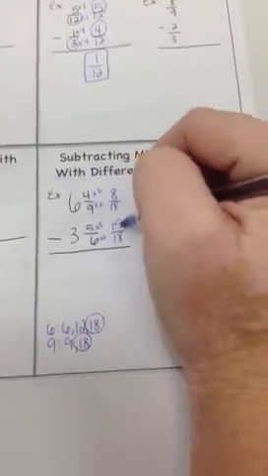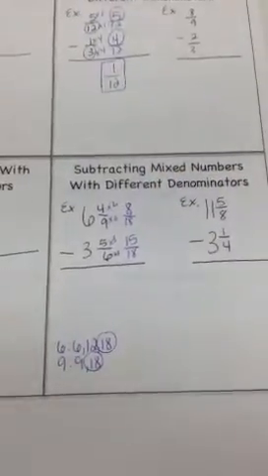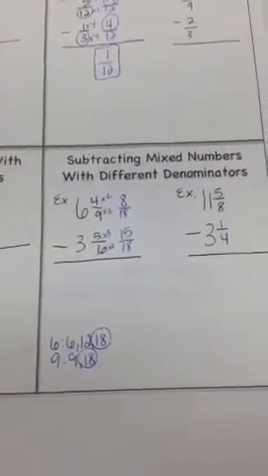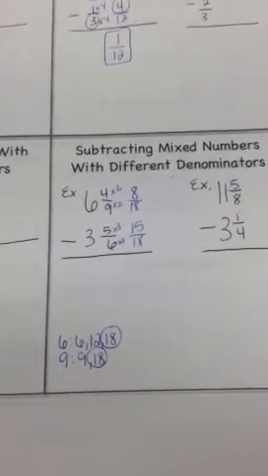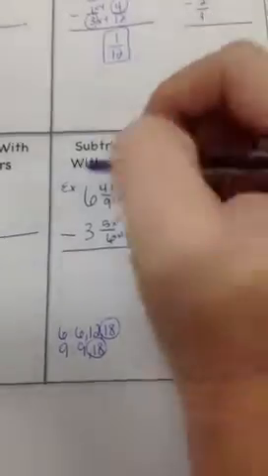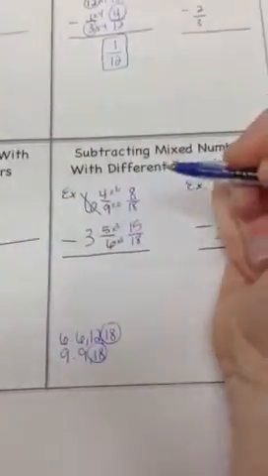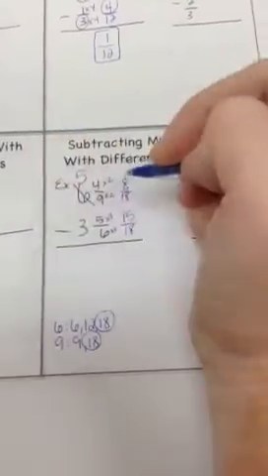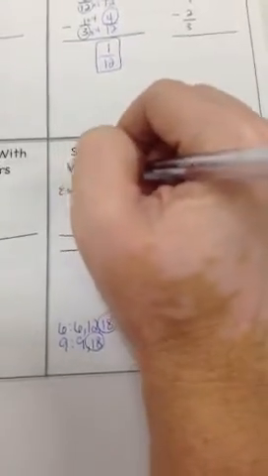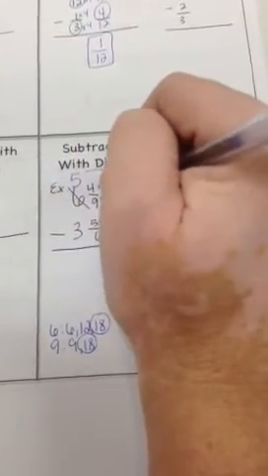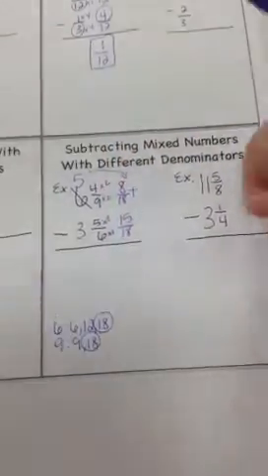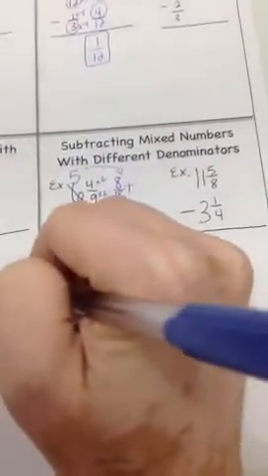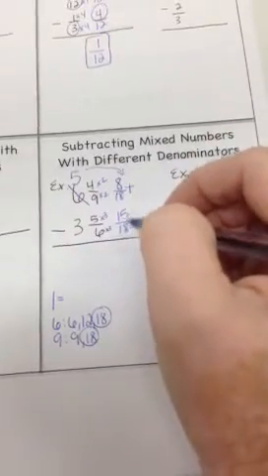If you look at these two numbers, I cannot subtract those. That was step 3. I cannot subtract those. I'm going to have to borrow because 8 minus 15, I can't do that. So I borrow 1 whole from my 6. That becomes a 5. I need to bring my 1 whole over here, but I don't want to write plus 1 whole. So think about what 1 whole could equal with these fractions.